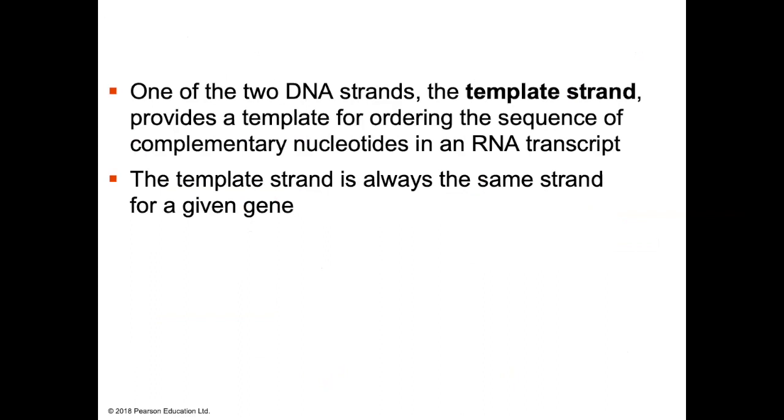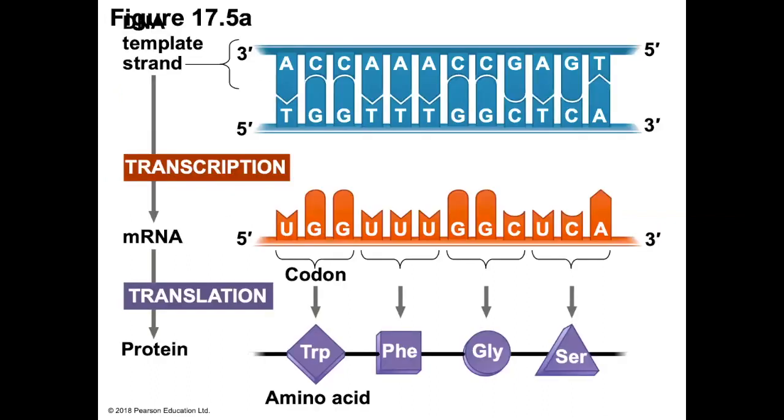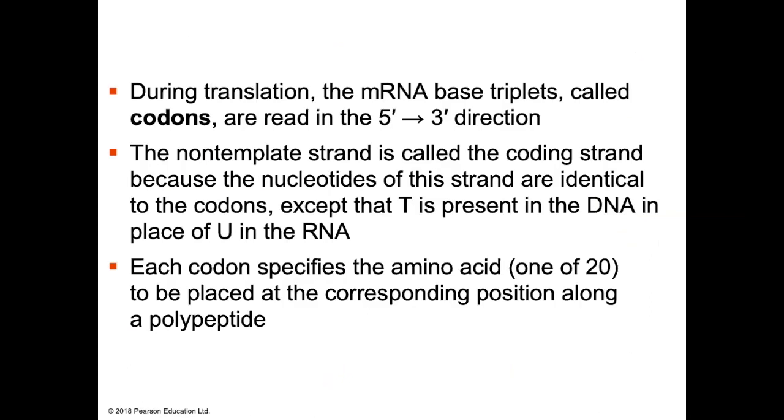One of the two DNA strands, the template strand, provides a template for ordering the sequence of complementary nucleotides in an RNA transcript, and the template strand is always the same strand for a given gene. During translation, the mRNA-based triplets called codons are read in the 5' to 3' direction.